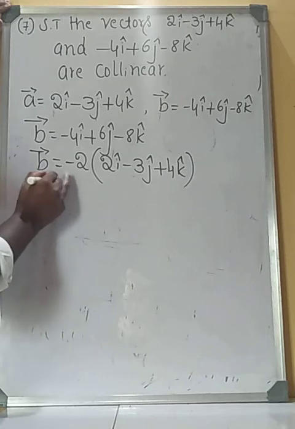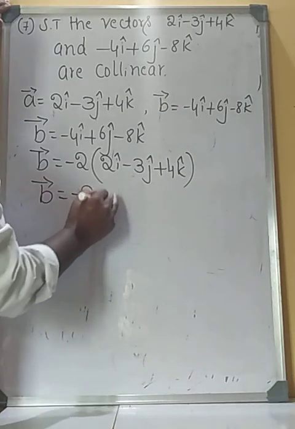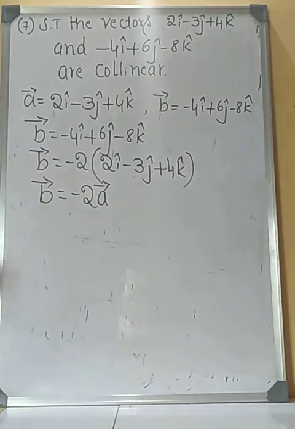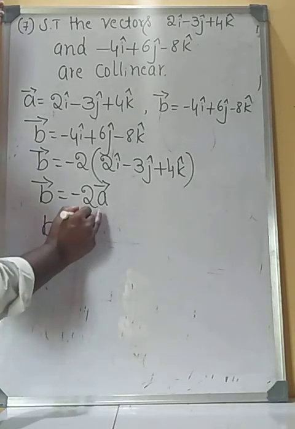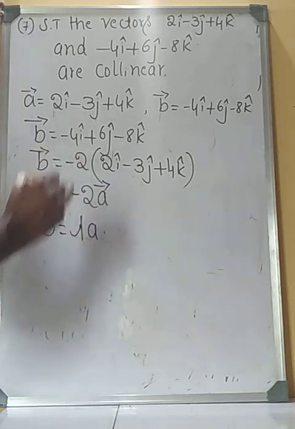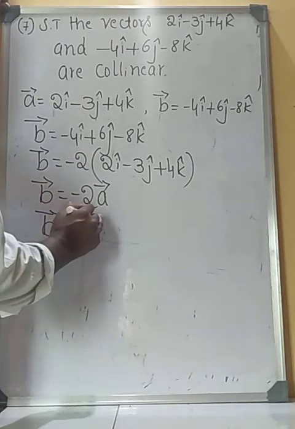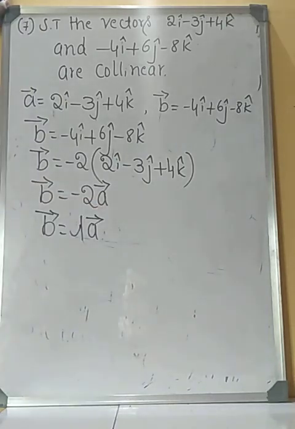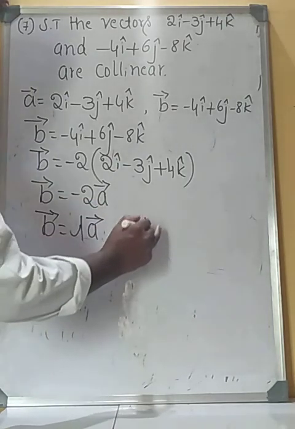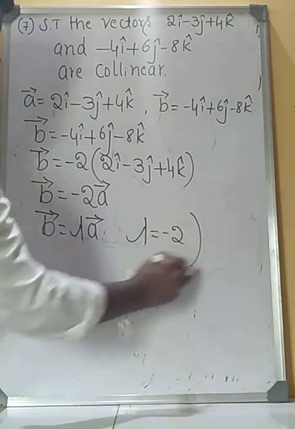Therefore vector B is equal to minus 2 into vector A. That is B is equal to lambda A, where lambda is minus 2.